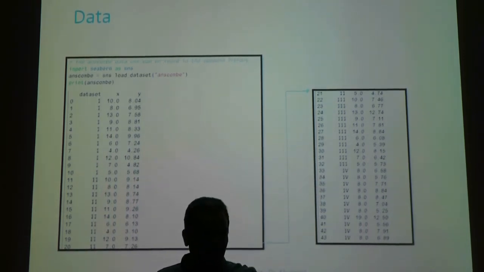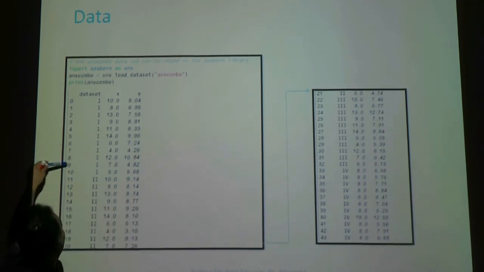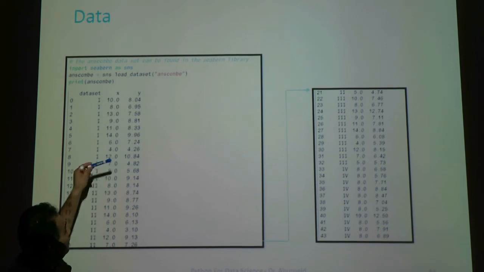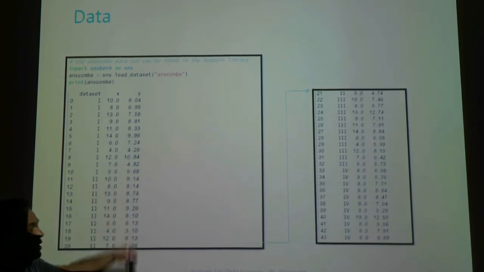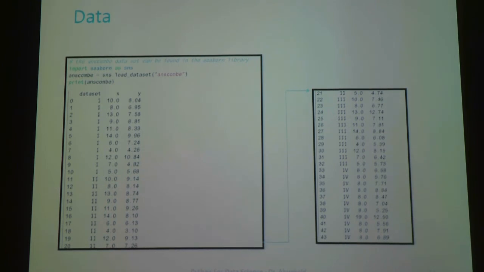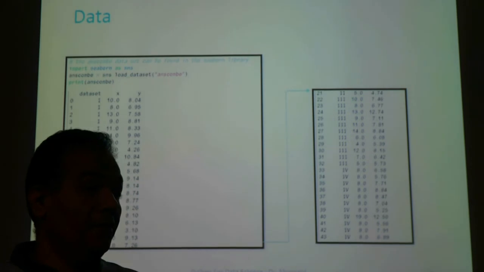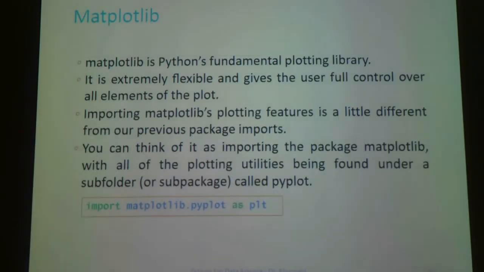If you take, for example, the mean, it will be equal for all of them. He designed the data to look like that, but they are completely different data. The main package for plotting in Python in general is Matplotlib.